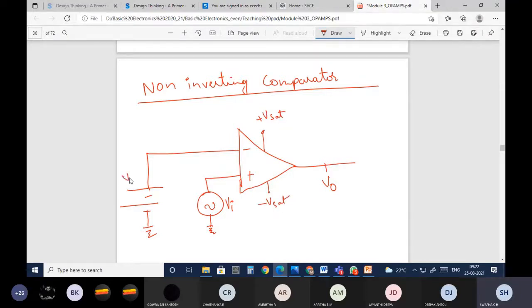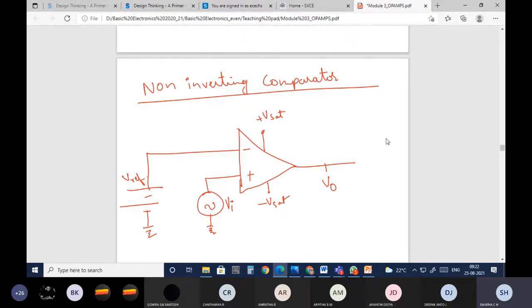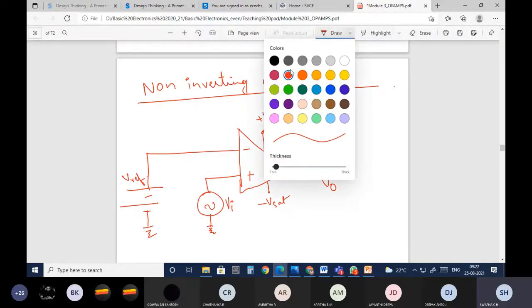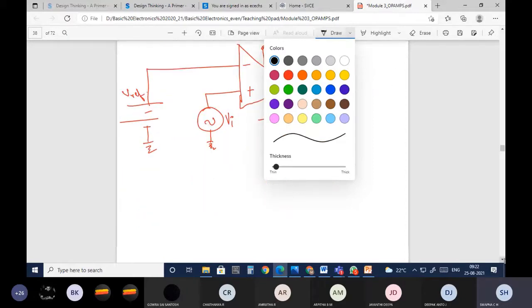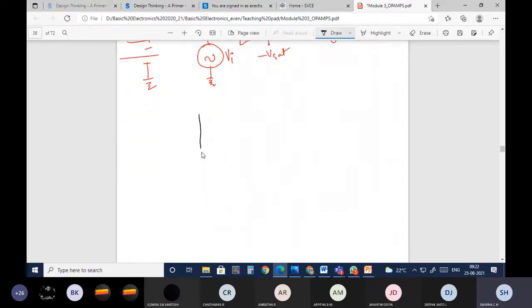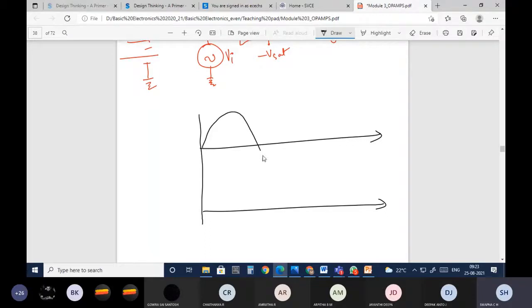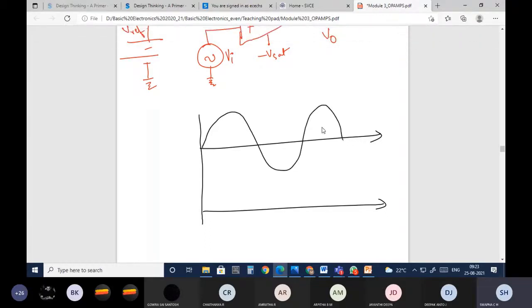This is my V reference value. Here again, I need to draw the output waveform.